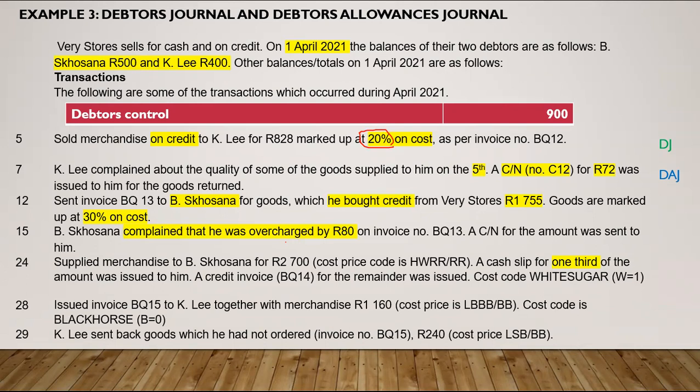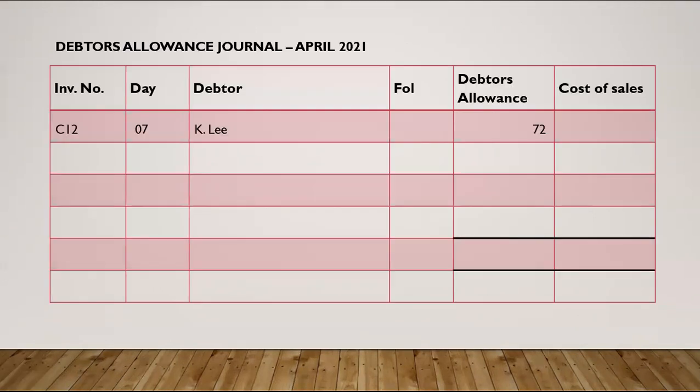All you are going to do is take that 72 rand, and because we are looking for cost of sales, we know that the 72 rand is at 120, and the cost of sales will be at 100. So what are you going to do? You will take the 72 rand and multiply it by what you want.